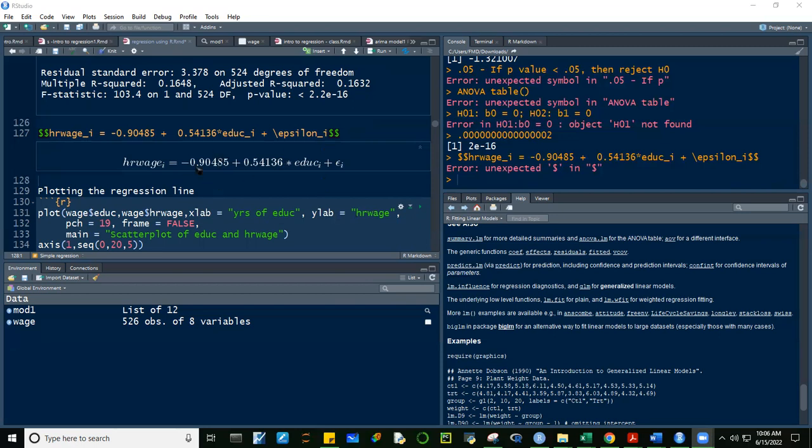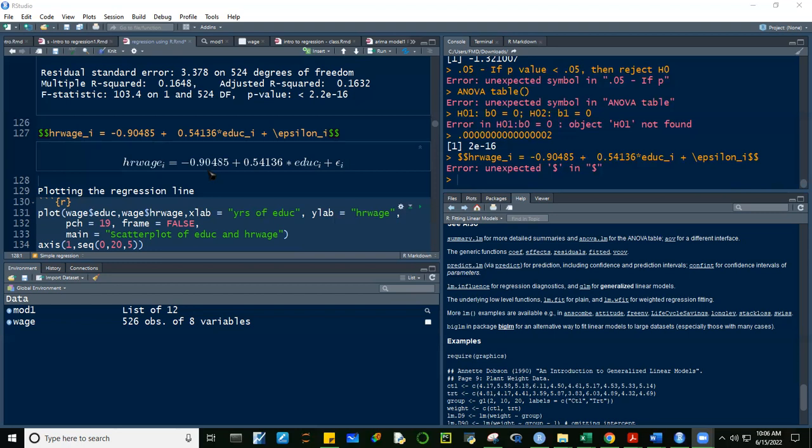Okay, so what does this mean, guys? Yung negative 0.90. What does that mean? Anyone who can explain the meaning of that negative 0.90? I'm sure you have met that in your previous stat subjects. Ano ibig sabihin ng negative 0.90, guys?